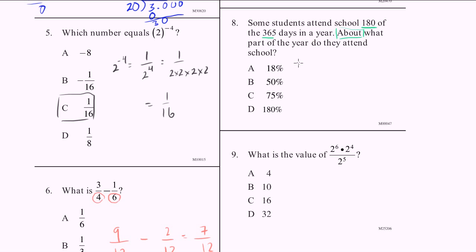They attend 180 out of 365 days. If I wanted the exact percentage, I would have to take 365 and divide it into 180 with some decimals. I could work it out just like I did the decimal division in the past, but it would take some time, and they just want to know about. So what's 180 over 365 roughly?